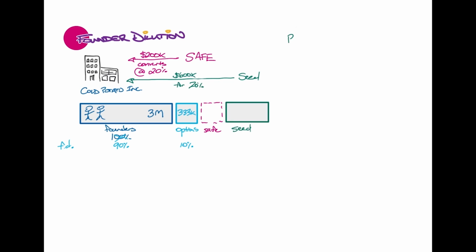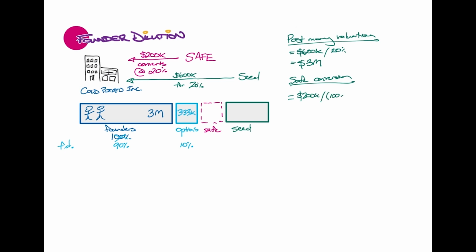Calculating the post-money valuation then, we divide the $600,000 that was invested by 20%, which gives us $3 million. From here, we can calculate the SAFE ownership percentage, like we did last time, which is just $200,000 divided by 100% minus the discount, and dividing all of that by the $3 million post-money valuation, which gives us 8.33%.